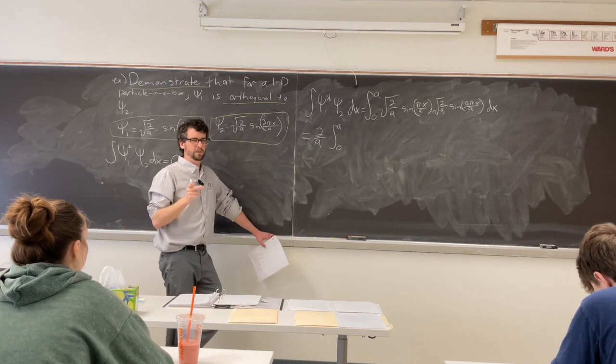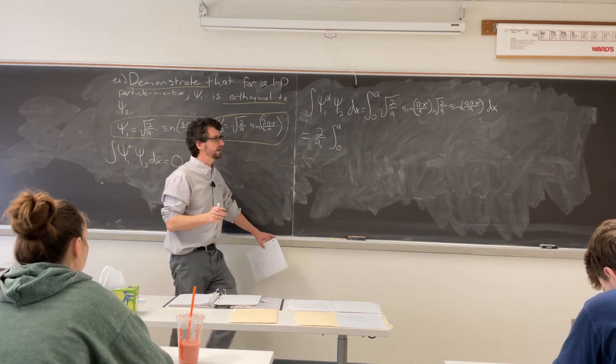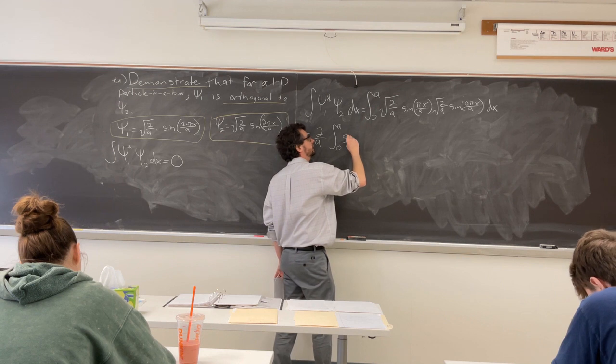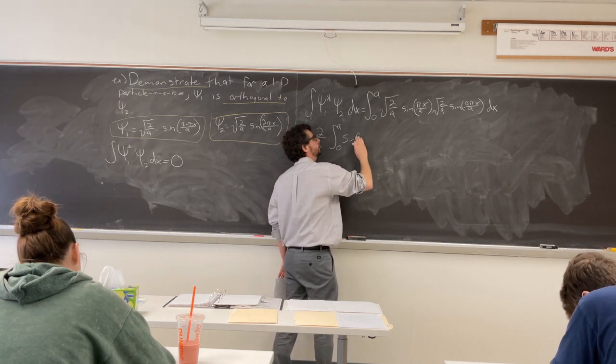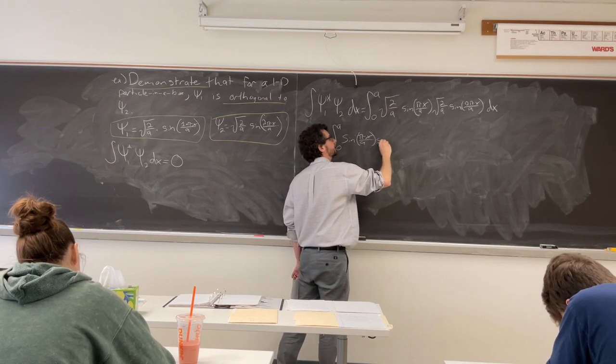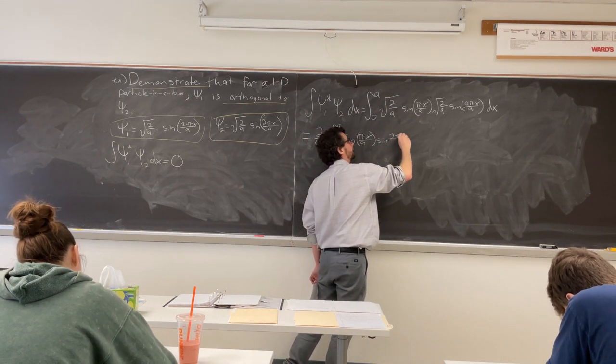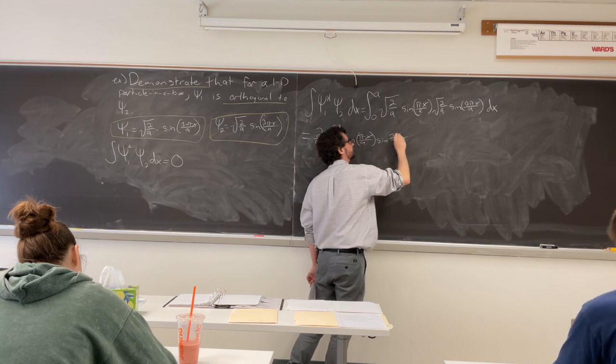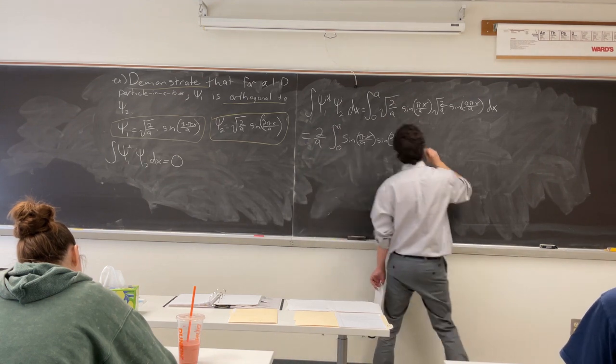Can we combine those two to make sine squared? No, we can't. So we get sine, oops, pi x over a. We get that integral.